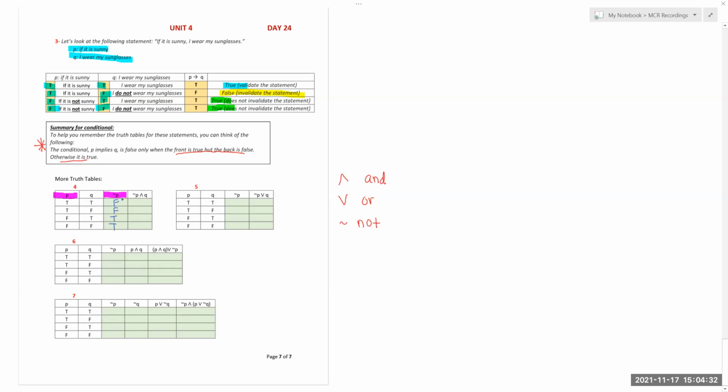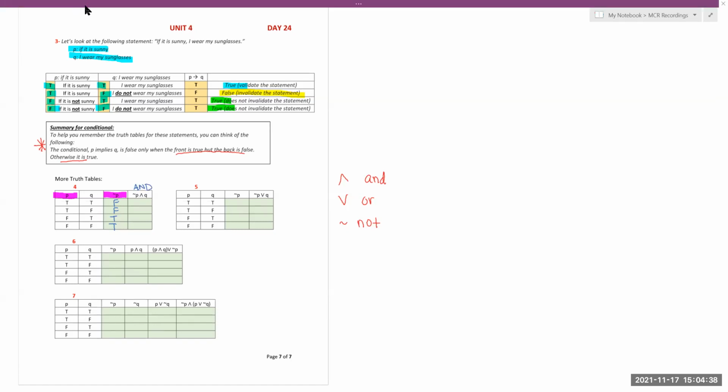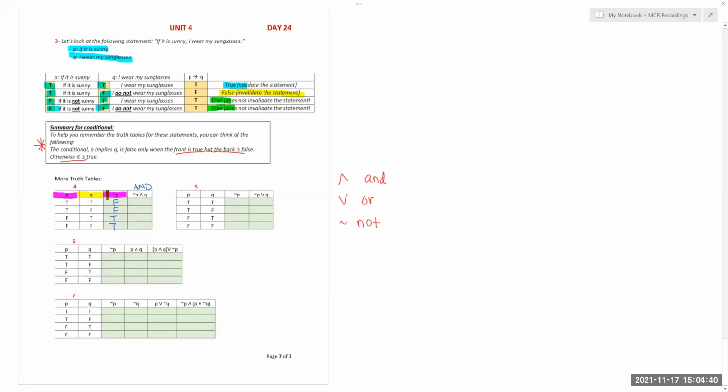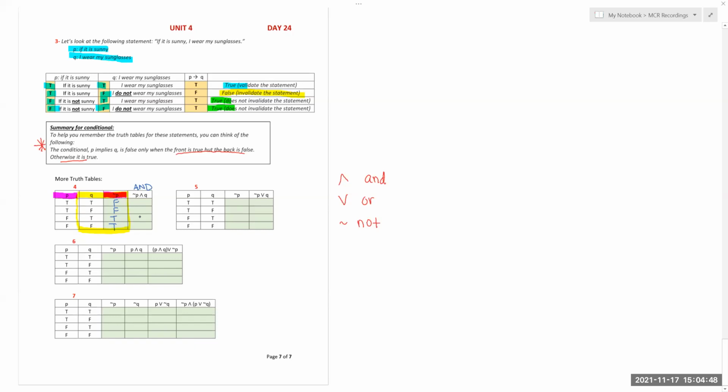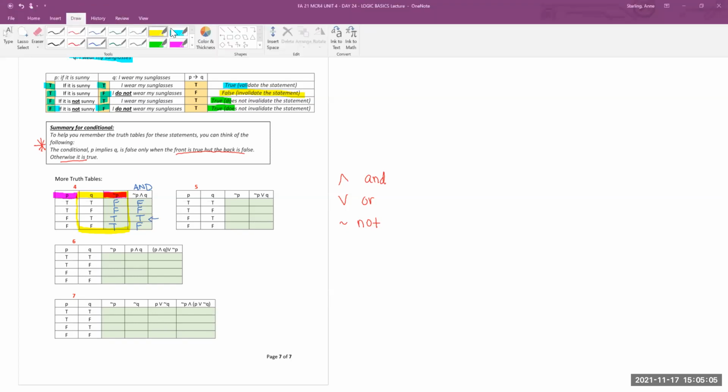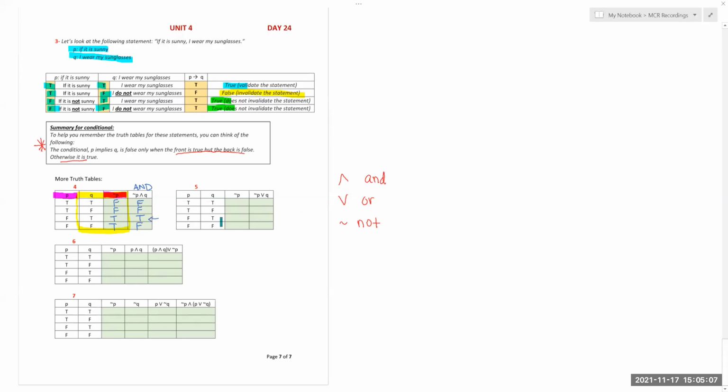Then this one says, well, now I want not P and Q. So I want you to now and these two columns together. I want to see what happens here. So with an and, both have to be true. So that's only right here. Otherwise, you have a false, and a false. So we only have the one spot where you're going to be true when the other two are true. And then here, not P negates P again.